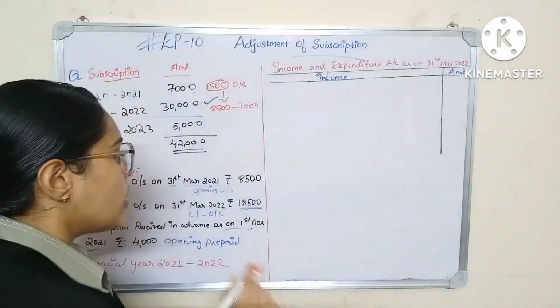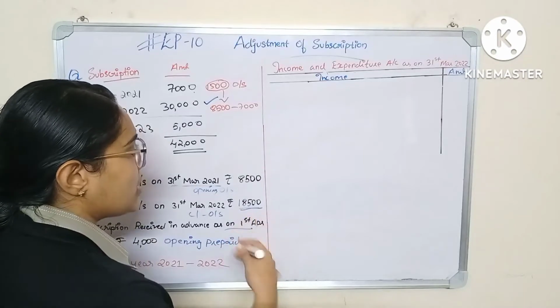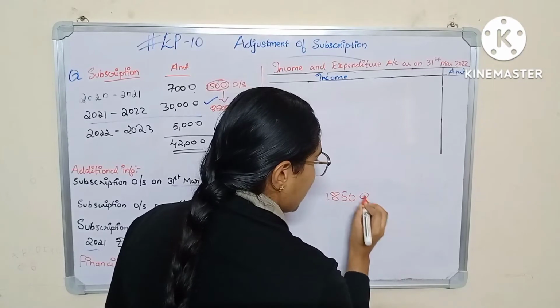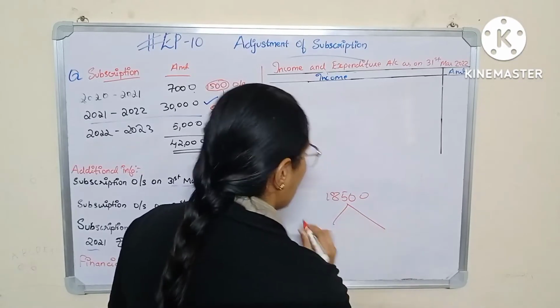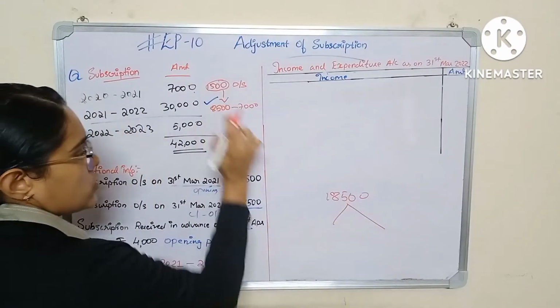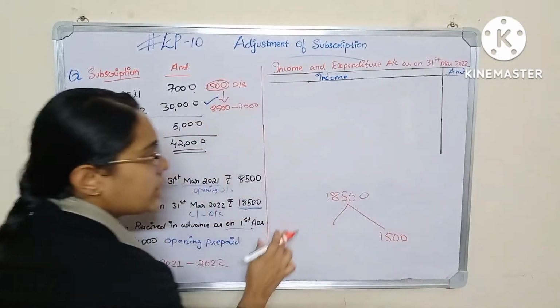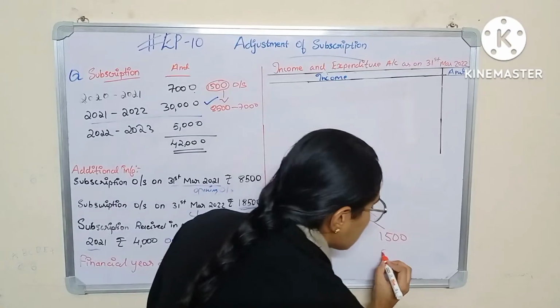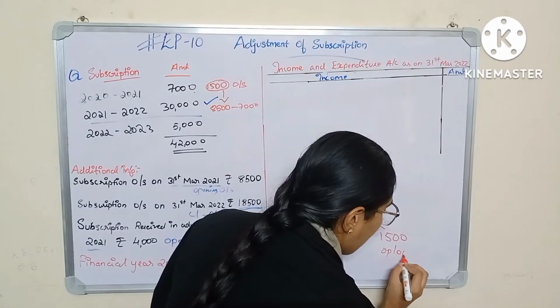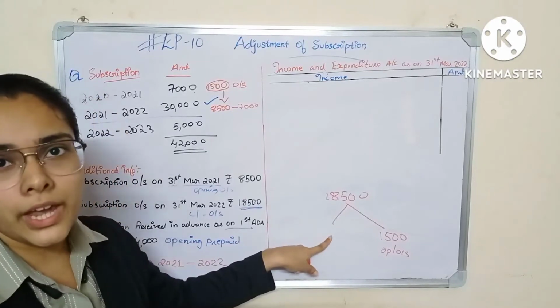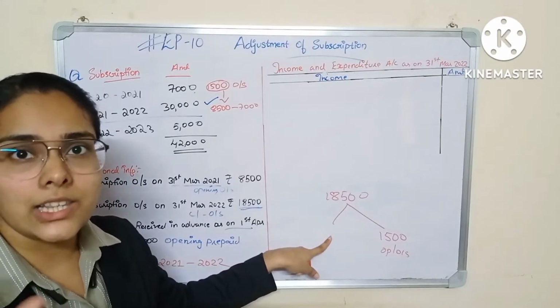So this 18,500 you can split into two, because it includes this opening outstanding of 1,500. The remaining amount will be the outstanding for the current year.